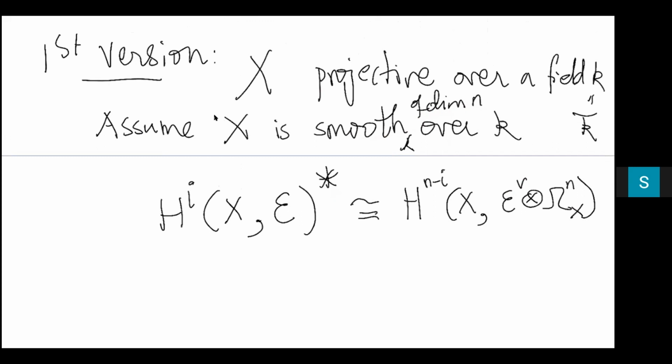This is tensoring over OX, and one can show that the module of differentials is a rank n locally free sheaf over X, and so you can take its nth exterior power. So we are saying that the ith cohomology here is isomorphic to the n minus ith cohomology here. This is the statement which I think is close to the original form in which Serre proved it.